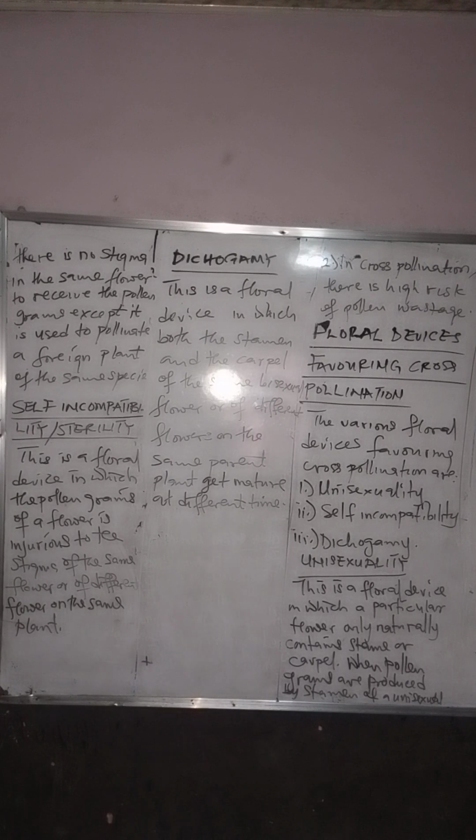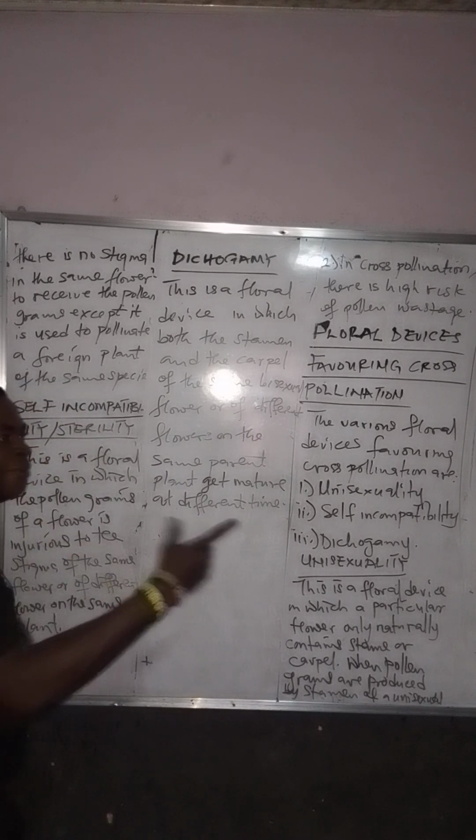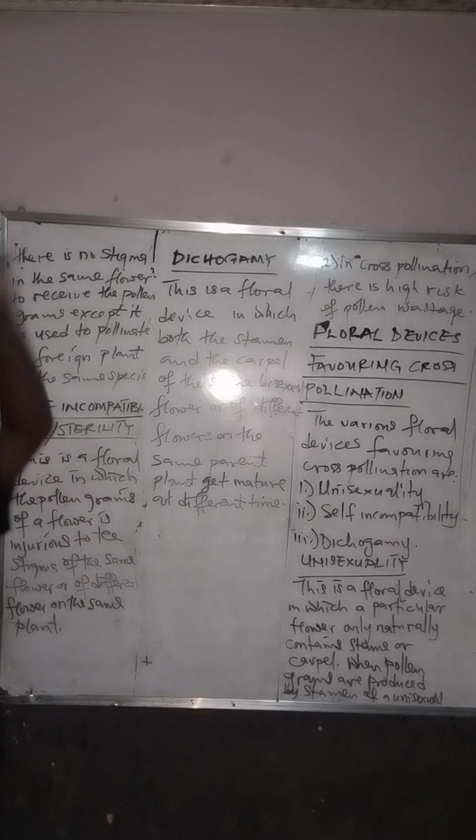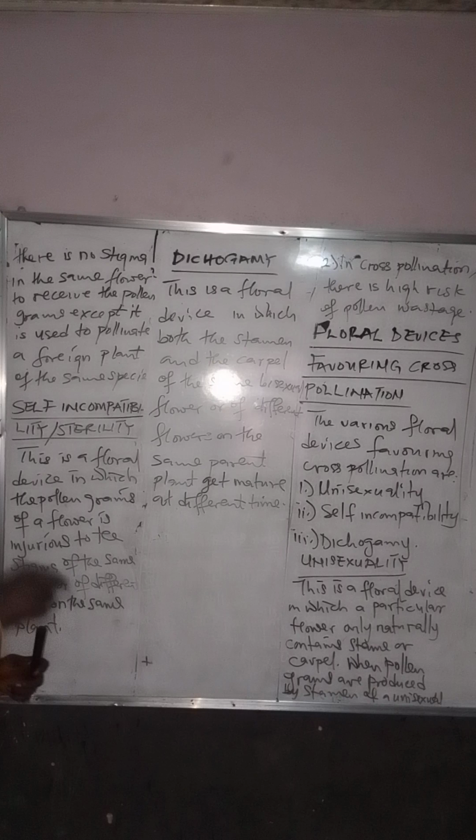That is exactly what we are talking about here. They are ready at different times. The one that gets admission first becomes ready faster than the other one, still looking for admission. So that one is not ready for marriage, then he gets married to another person that is ready. So when the carpel and the stamen of the same flower or of different flowers on the same plant get mature at different times, dichogamy is said to have taken place.